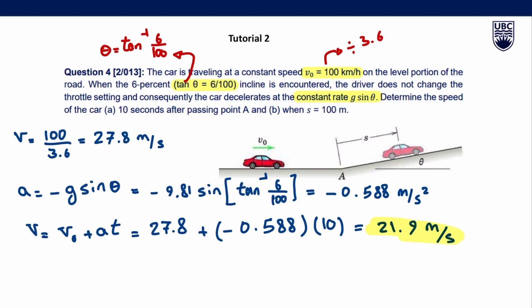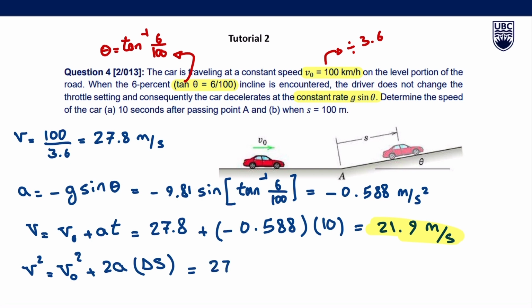So we can write v squared equals initial velocity squared plus 2a times displacement. Again, we have everything that we need.